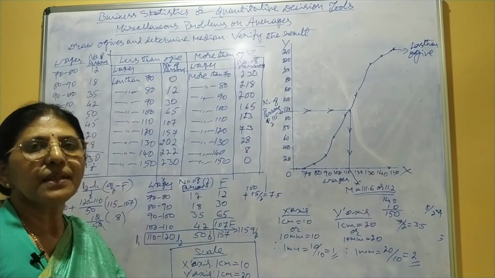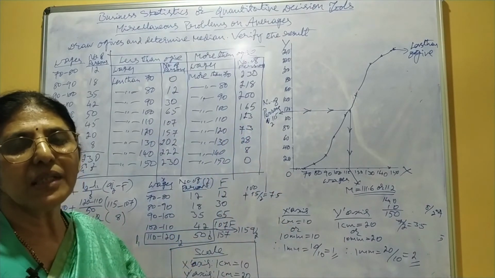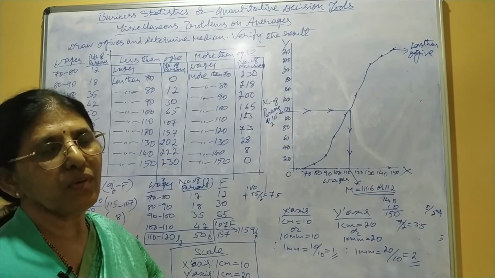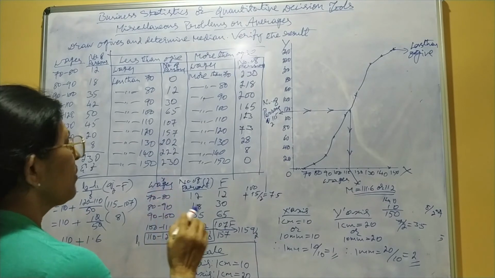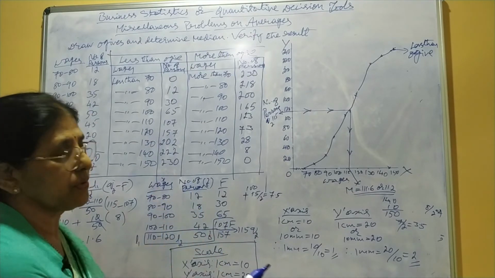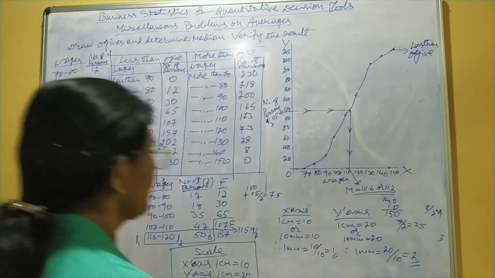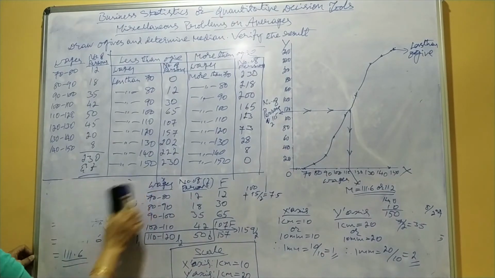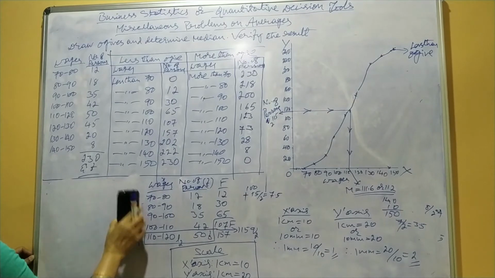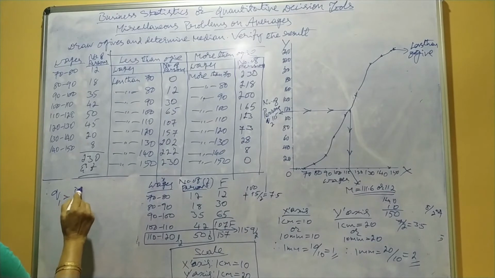In the same manner, if it is asked to locate not only the median but also the lower quartile and upper quartile, in that case also what you have to do is, we have to find out Q1 and Q3. Q1 equals n by 4, isn't it?